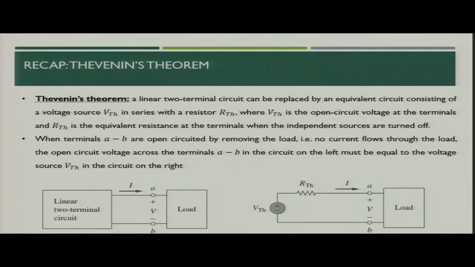First let us recap what we discussed in the last class. We discussed Thevenin's theorem: a linear two terminal circuit can be replaced by an equivalent circuit consisting of a voltage source Vth in series with a resistor Rth, where Vth is the open circuit voltage at the terminals and Rth is the equivalent resistance at the terminals when the independent sources are turned off.